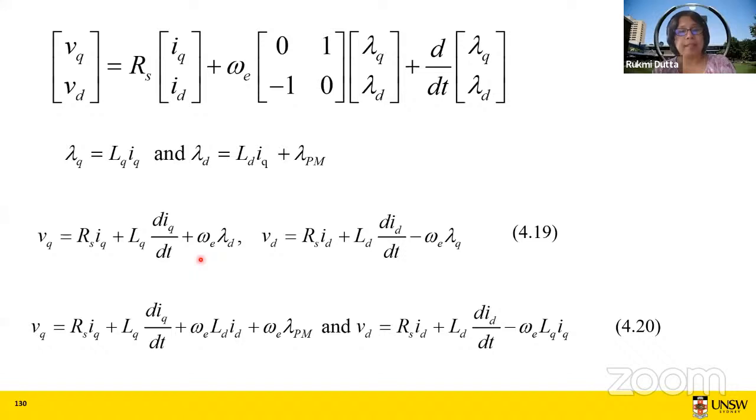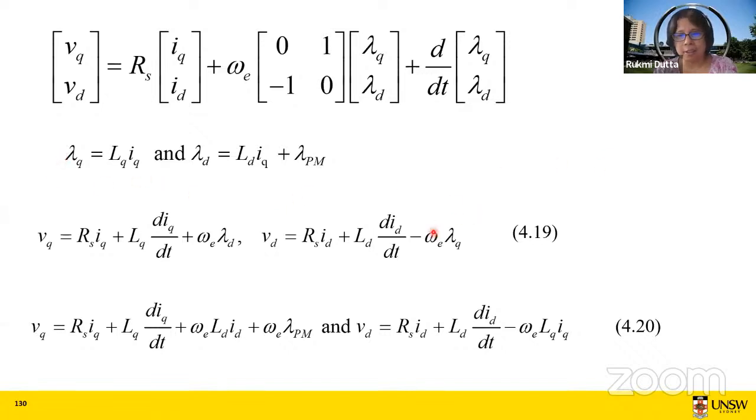Also, in this same equation, we can write the whole thing in terms of resistance and inductance without substituting the flux linkages. The lambda Q is actually LQ IQ, and lambda D is LD ID. Sorry, this is ID, not IQ. Okay, this is a typo here, lambda PM. So this is the flux linkage along the D axis.